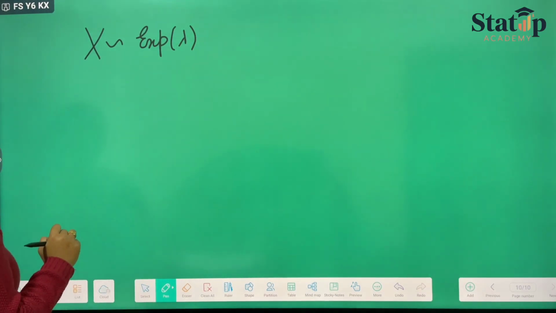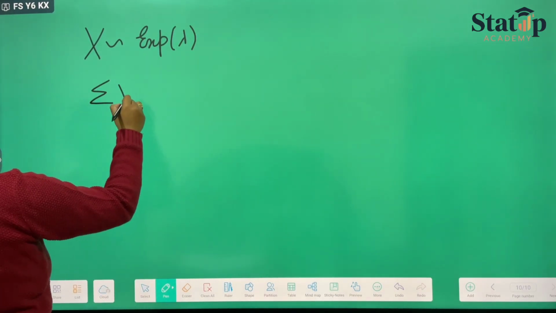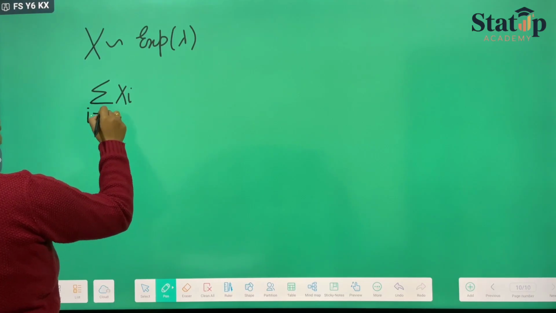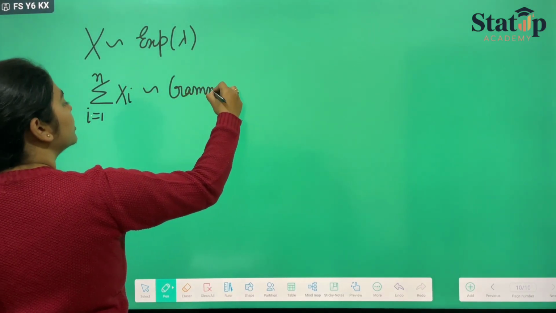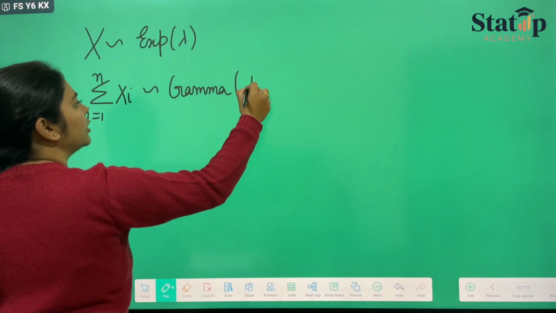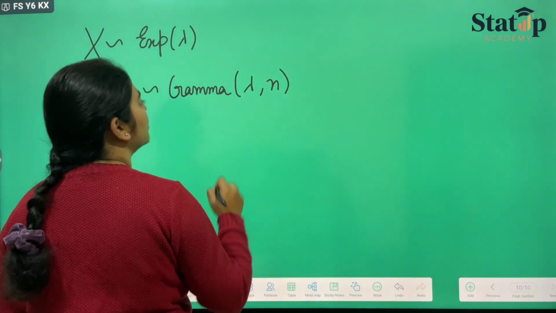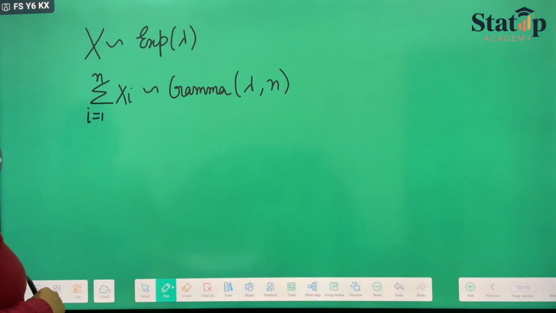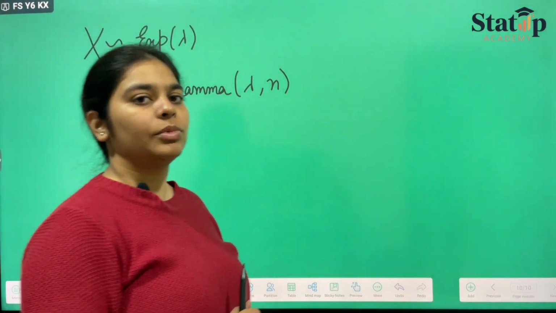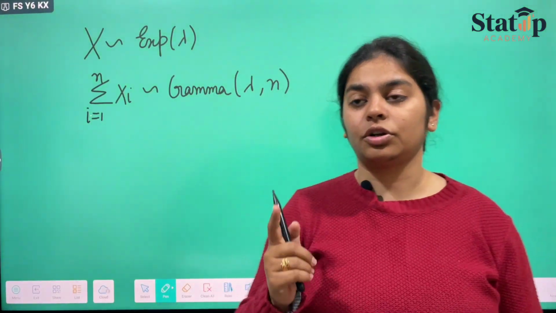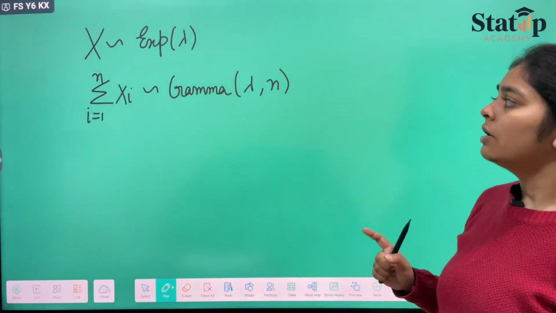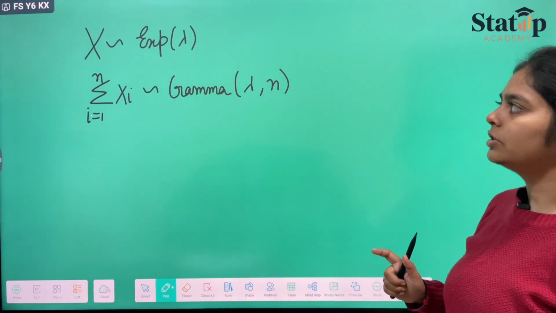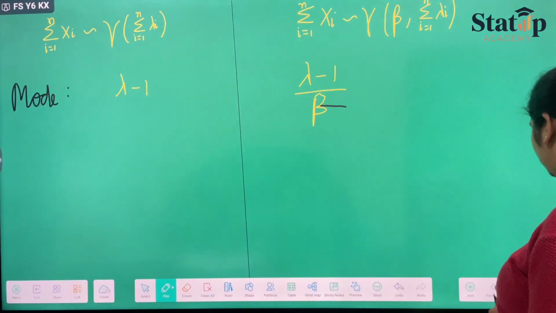Now summation of xi, i goes from 1 to n, will follow gamma distribution with lambda and n. This is the property of our exponential distribution, where summation of IID random variables xi's following exponential distribution will follow gamma distribution.